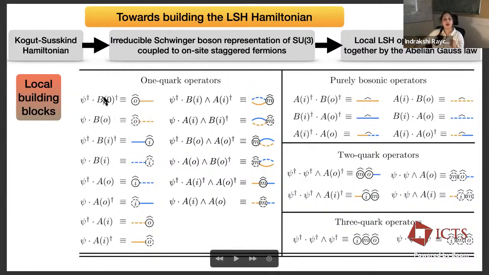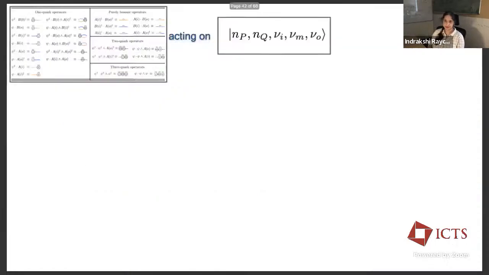Those are the on-site SU3 singlet operators constructed out of bosons and fermions, or purely fermions, in all possible ways. So these are the set of operators that act as the local building blocks for the Kogut-Susskind Hamiltonian when you rewrite everything in terms of prepotentials coupled to staggered matter.